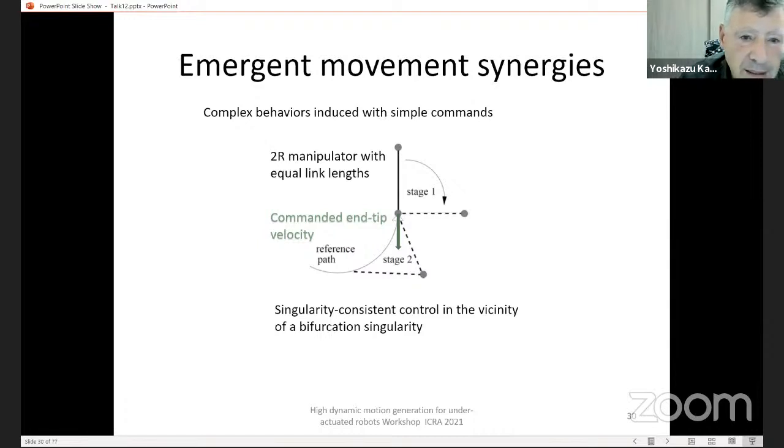And we found out that if you have this type of 2-arm manipulator with equal link lengths and they are overlapping, then you have a bifurcation singularity, because if you apply a command that pulls down along a reference path, it's aligned with the links.